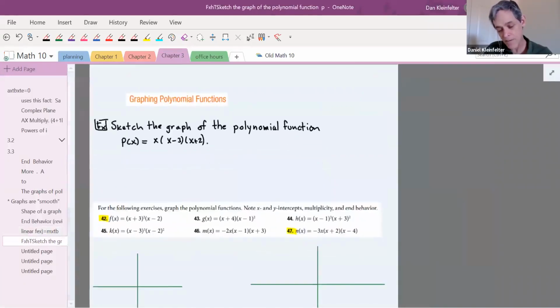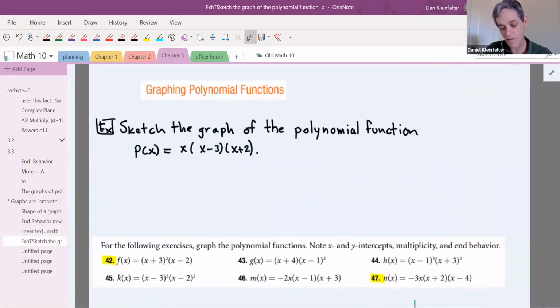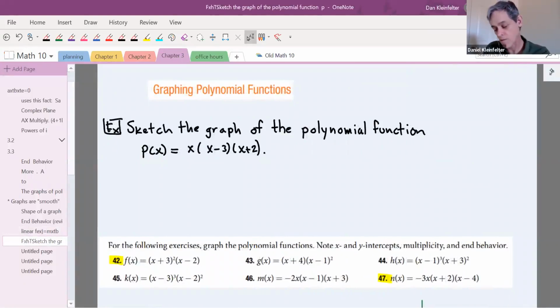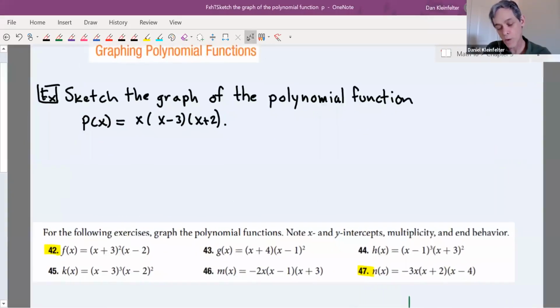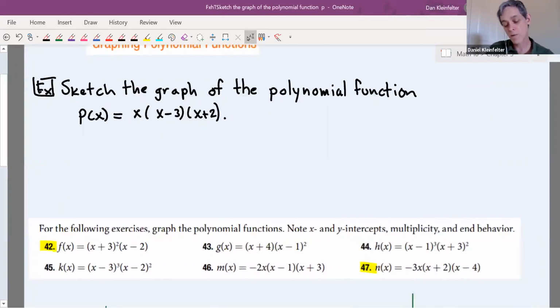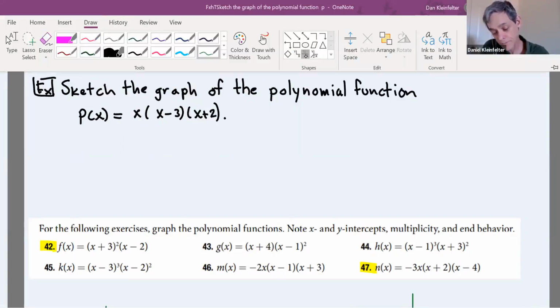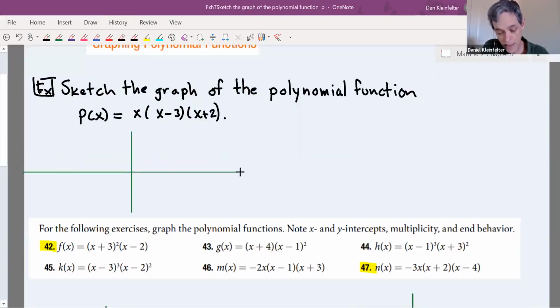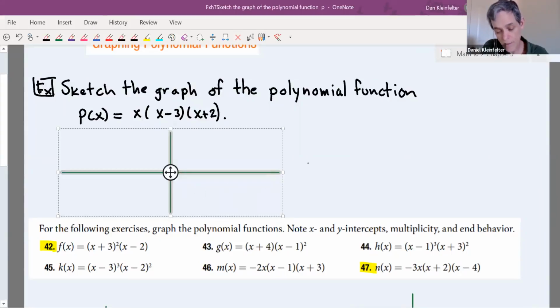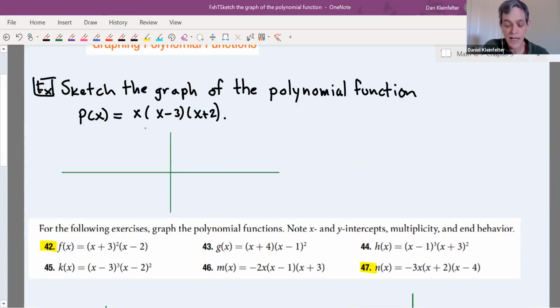We can put together some of this to help us produce the graphs of polynomial functions. That's what we're going to do right here. We want to sketch the graph of this polynomial function, x times (x minus 3) times (x plus 2). This being our first one, let me draw the axes. Let's think first about placing the intercepts. I like to do the x-intercepts first.